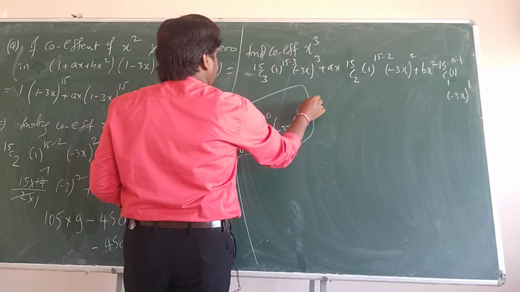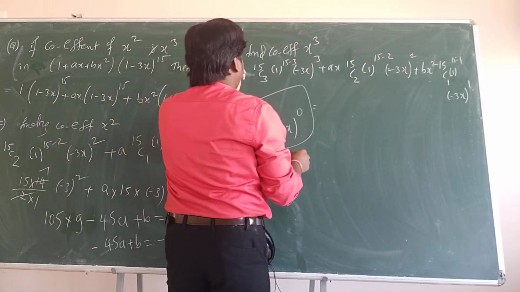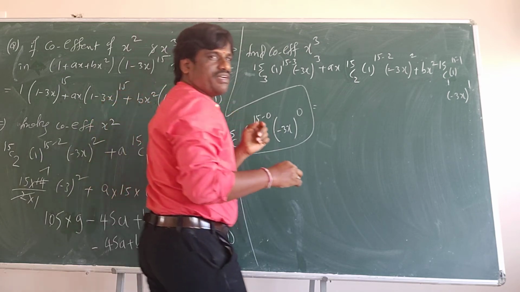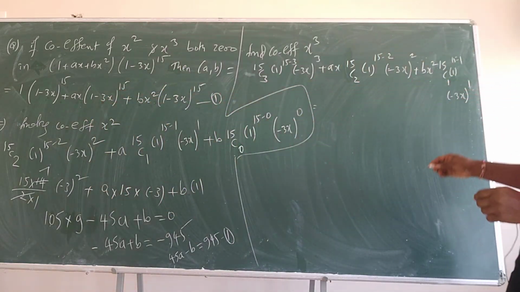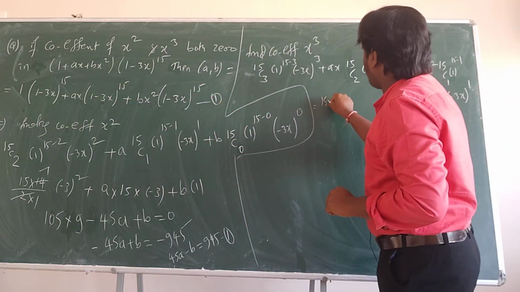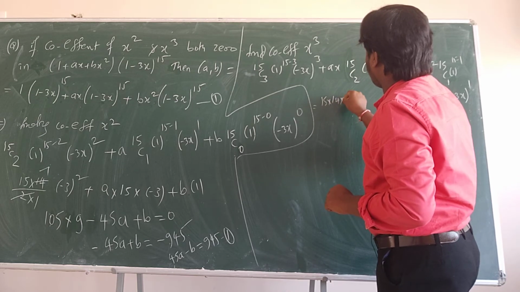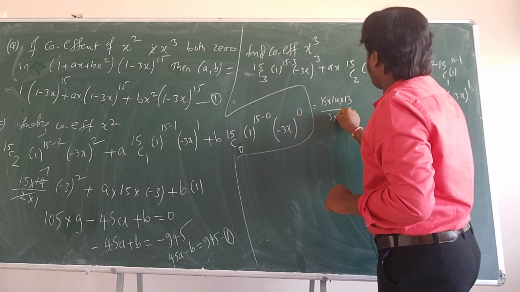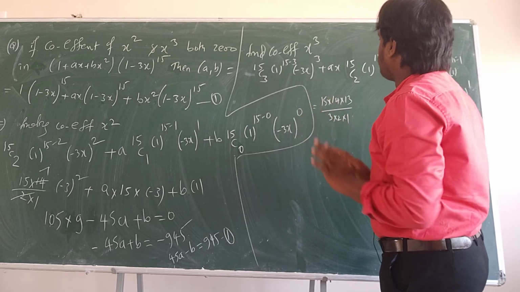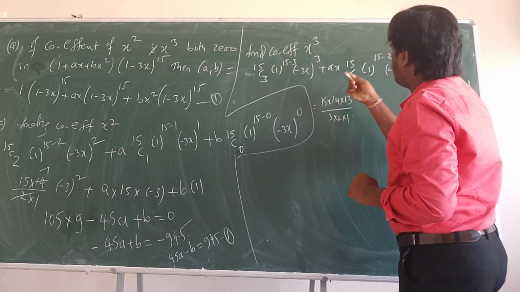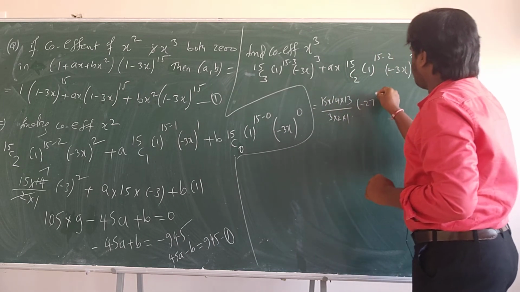So what do I get here? This value is 15C3, calculate: 15 into 14 into 13 divided by 3 into 2 into 1, and 1 power anything is 1. Minus 3 cube is minus 27.